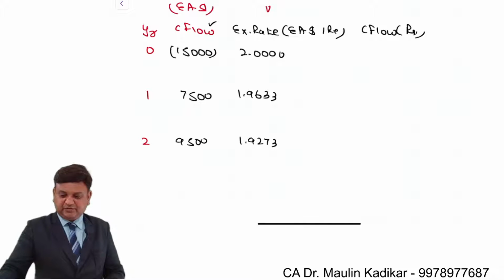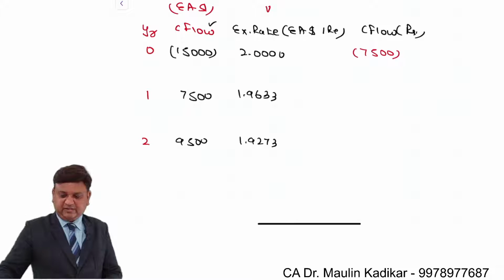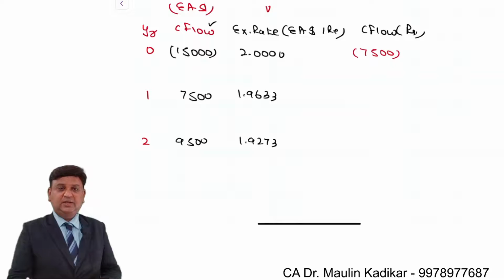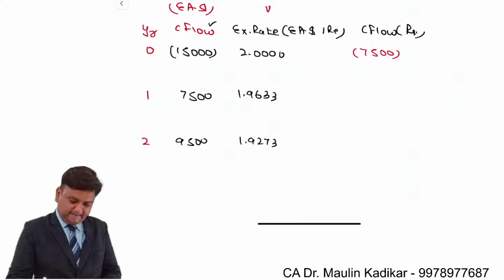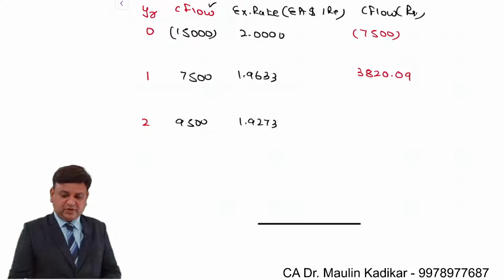So what will happen? It is 15,000 divided by 2. That is 7,500, which is an outflow. 7,500 divided by 1.9633 is 3,820.09. 9,500 divided by 1.9273 is 4,929.18.